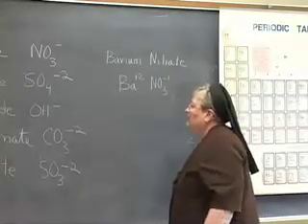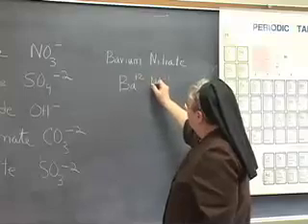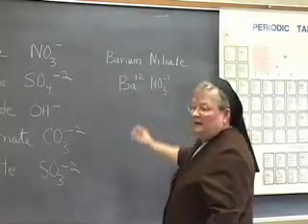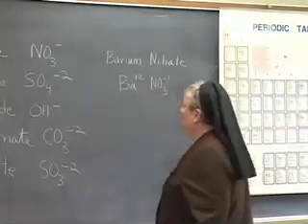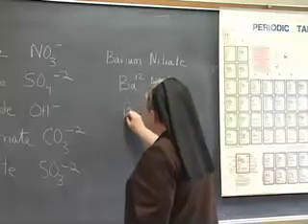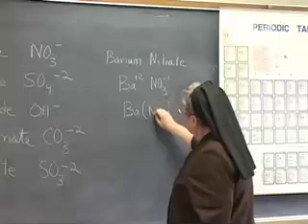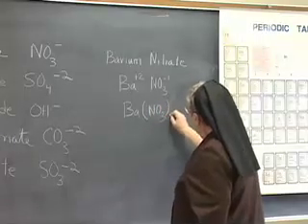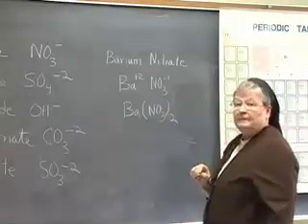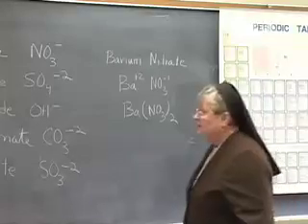Okay? So to write the formula, we're going to have 2 of the polyatomic anion groups nitrate. So we would write barium, and you have to keep the group together in parentheses, NO3, and then 2 of them. That's the formula for barium nitrate.